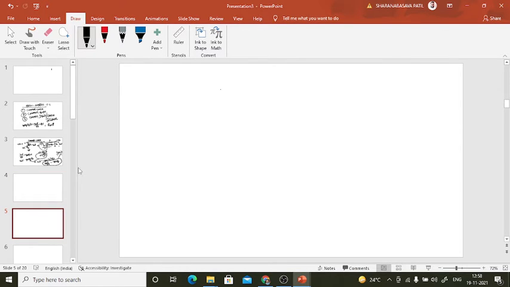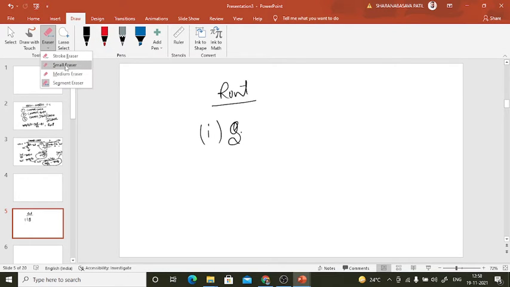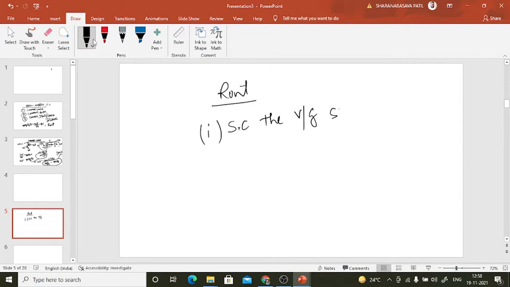Let's find R out. For R out, first thing is short circuit the voltage source or open circuit the current source.